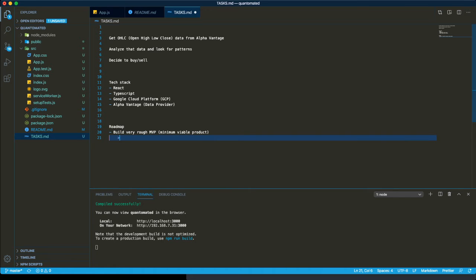And what that'll do is connect to Alpha Vantage, get the data, analyze the data for the patterns. And then I'll probably just store something locally using, I don't know, MongoDB or something, or JSON or something.